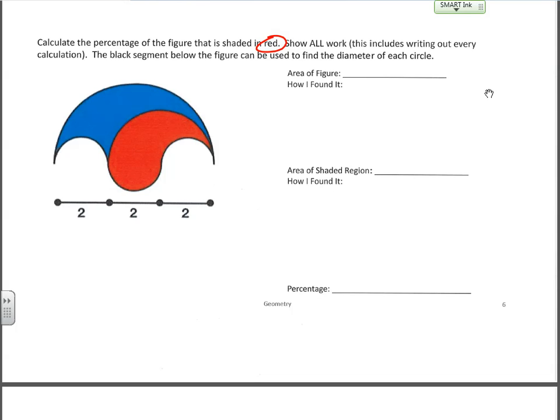But anyway, so we're looking for the area of the figure that is shaded in red. And when it says the diameter of each circle here, if we draw in the diameter of the large half circle, look at all those circles we have to work with now, right? We've got this bottom of the red section here, which is part of the figure. We have these 2 half circles up here, which are not part of the total figure, okay?